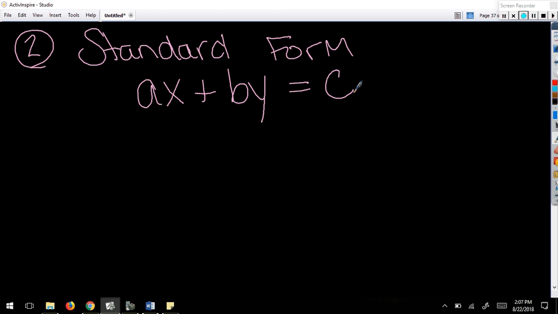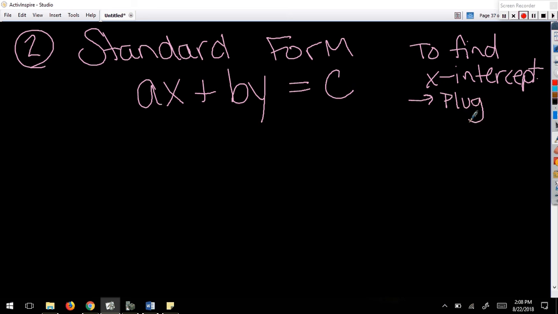So what happens with the slope-intercept form? We have a slope and an intercept. With this form, we're going to find the two intercepts and graph them. To find an x-intercept, what we do is we plug in 0 for y.